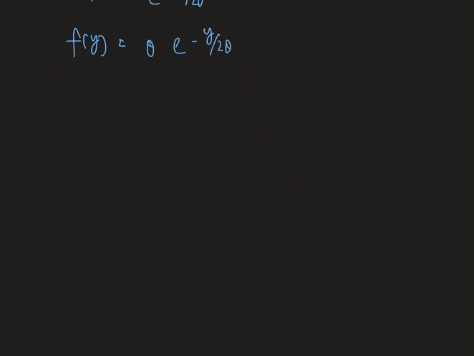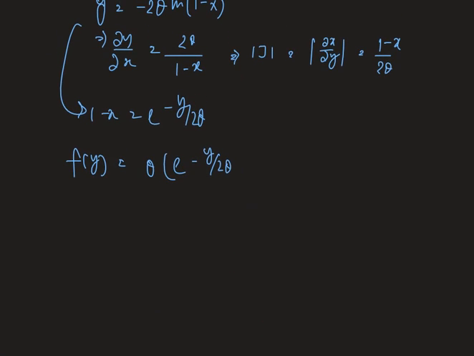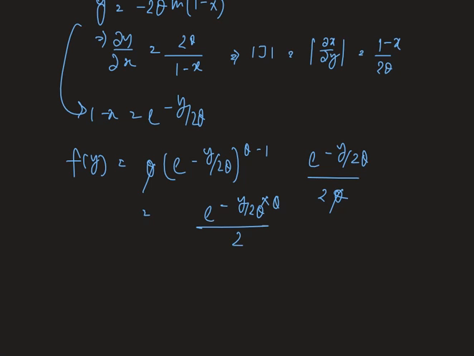Therefore theta times (e to the power minus y by 2 theta) to the power theta minus 1, into the Jacobian, whose value is e to the power minus y by 2 theta divided by 2 theta. Hence theta cancels out. We get e to the power minus y by 2 theta multiplied by theta divided by 2. Hence we get half e to the power minus y by 2, where y is strictly positive.